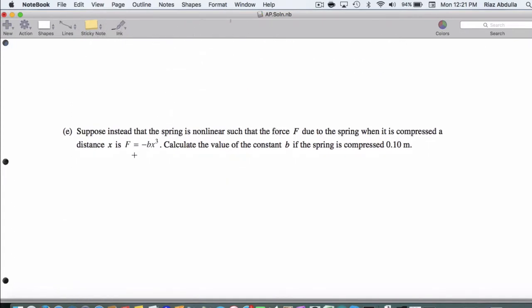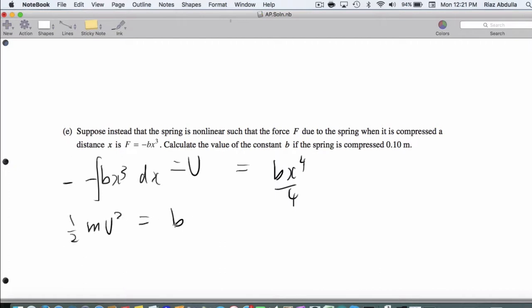Now, here, if we have a nonlinear spring, get the potential energy function, bx cubed, okay? The negative of that integral dx should give you u. So that's bx to the 4th over 4. And then we have all that 1/2 mv squared from before becoming bx to the 4th over 4.